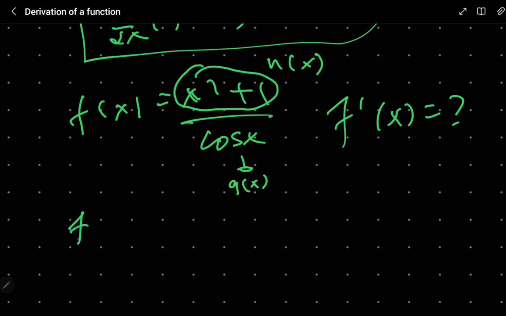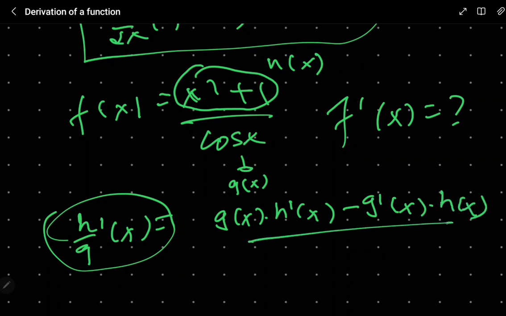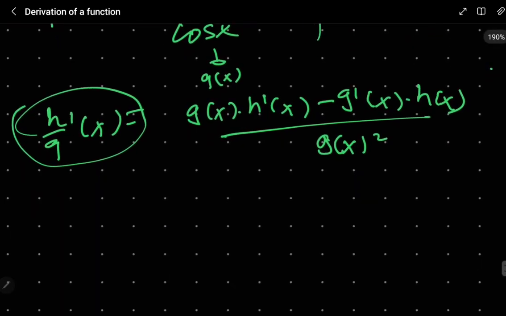So we are looking for the derivative of h over g. The formula says g of x times the derivative of the numerator function, minus the derivative of g of x times the other function, over the square of the denominator function, g of x squared. All right, this is the formula.